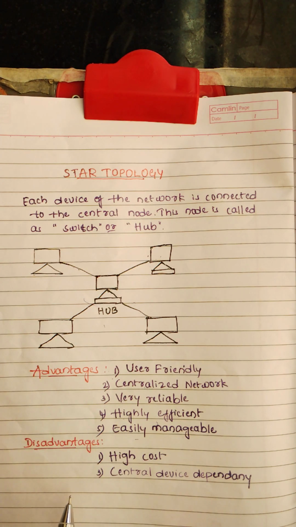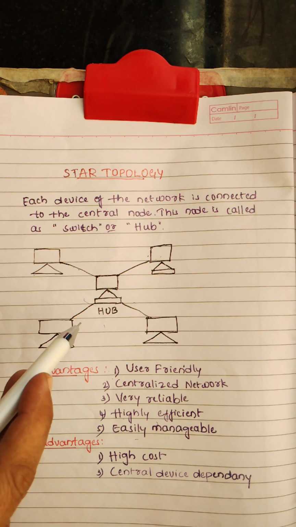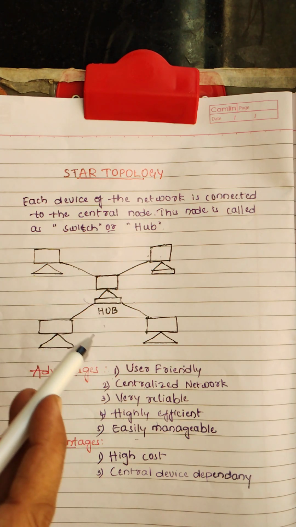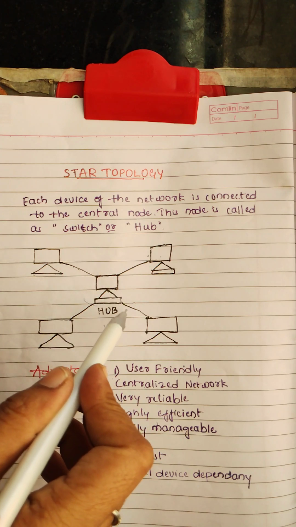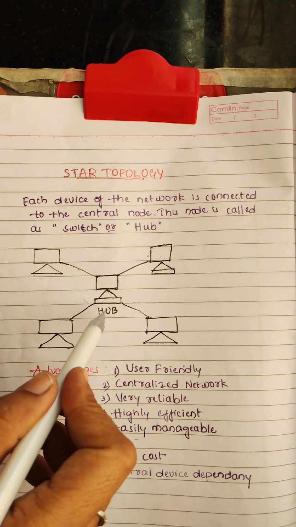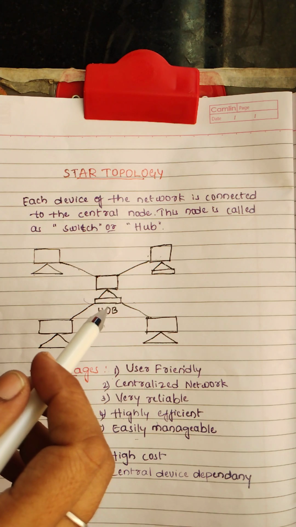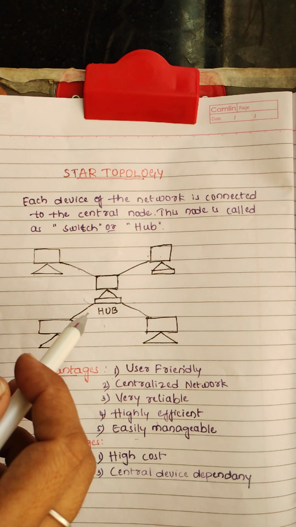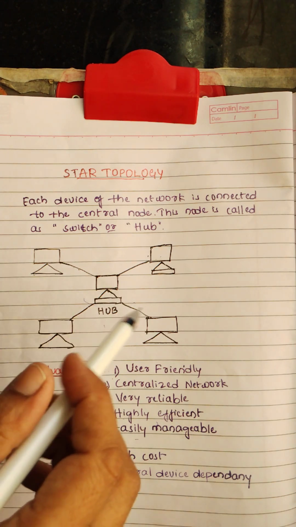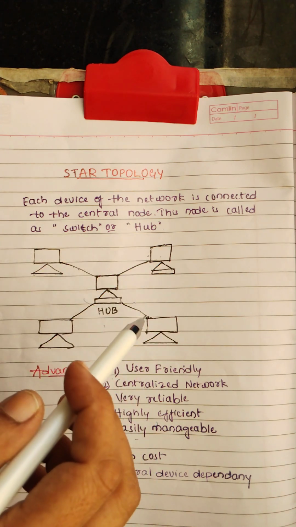And the second one is central device dependency. We already know that everything in the star topology depends on the central hub or a switch. For that reason, if the hub fails, or the performance of the hub is getting low, or if there is any damage in the hub, then the entire network will fail.